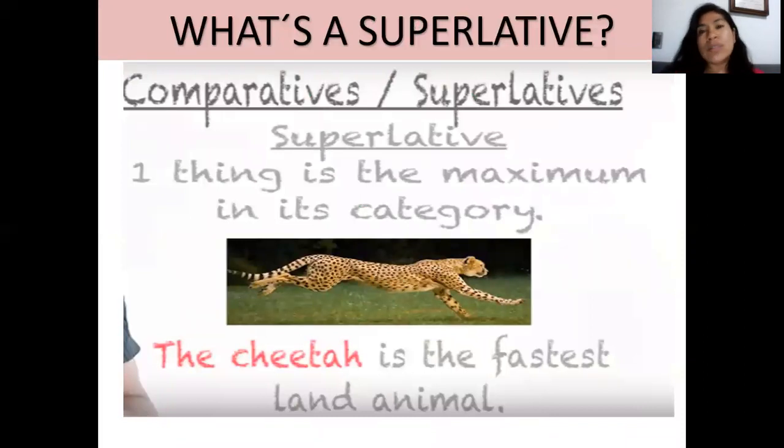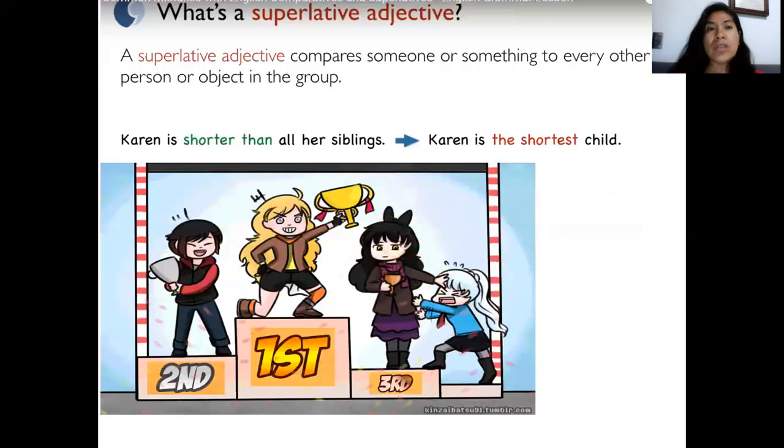What about the superlative? When we talk about the superlative, we say that one thing is the maximum in the category. For example, the cheetah is the fastest land animal. So when we talk about a superlative adjective, we compare someone or something to every other person or object in the group.